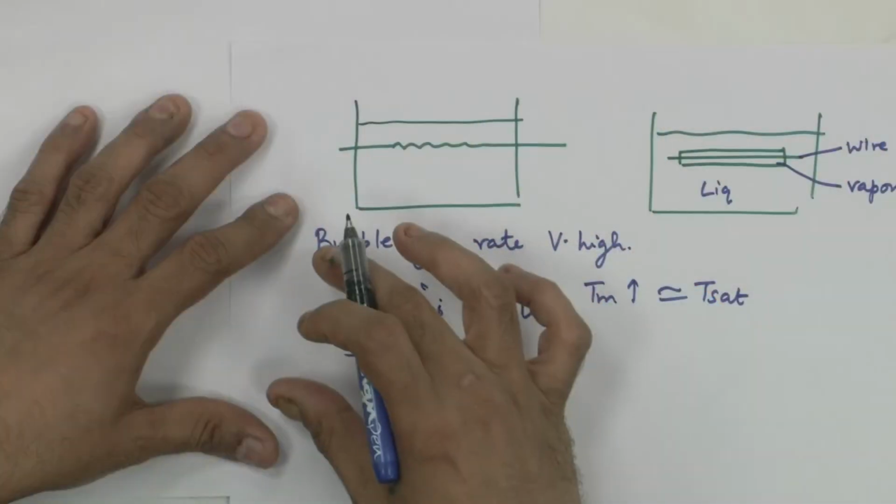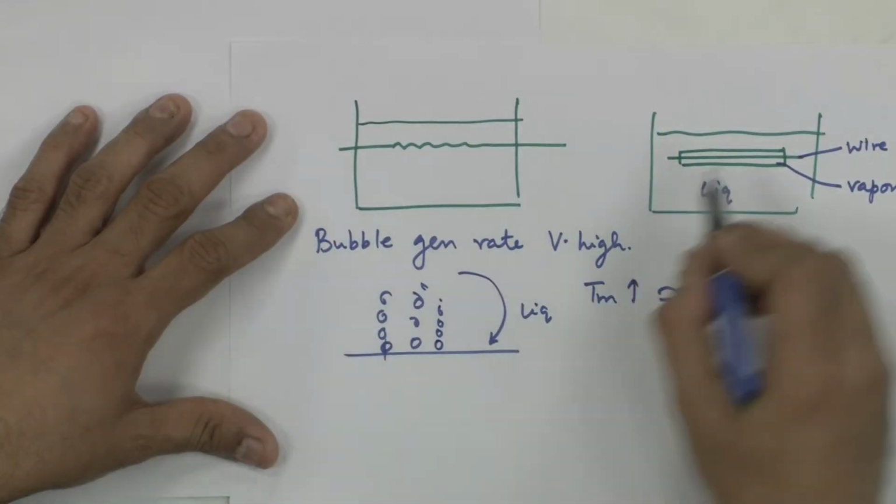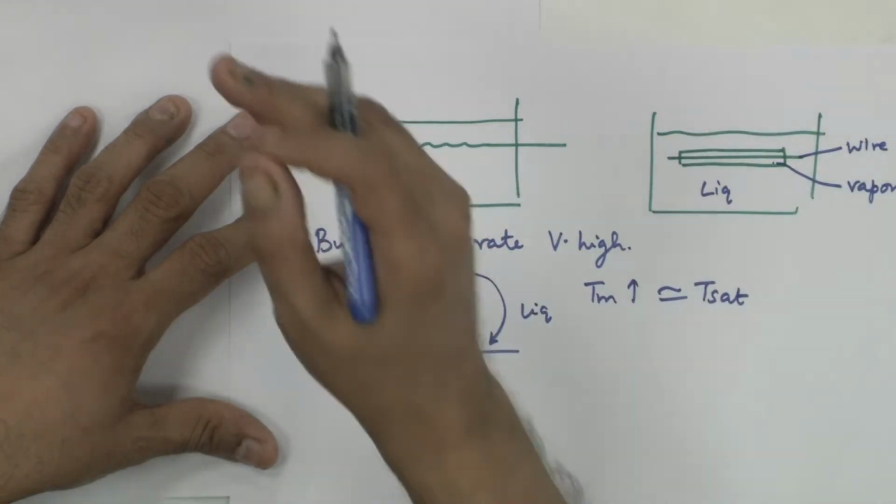And because bubbles get generated so rapidly and fresh liquid is not able to come and take away more heat, this forms like an insulating blanket. This insulating blanket is what you see in the case of the tawa also, the steam vapor forms a cushion, and that cushion prevents further contact of liquid with the heated surface, and because of that you see the wall temperature rising.